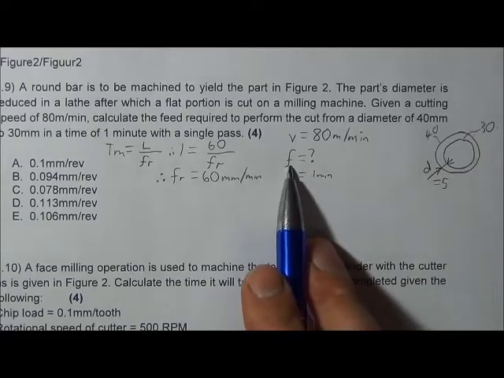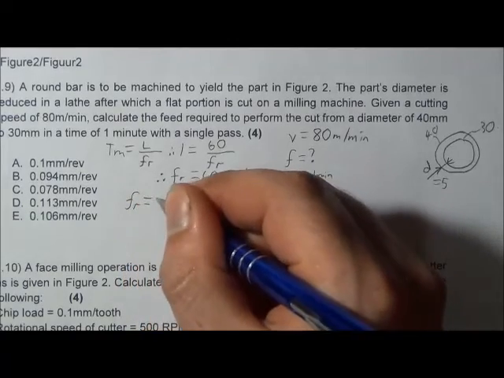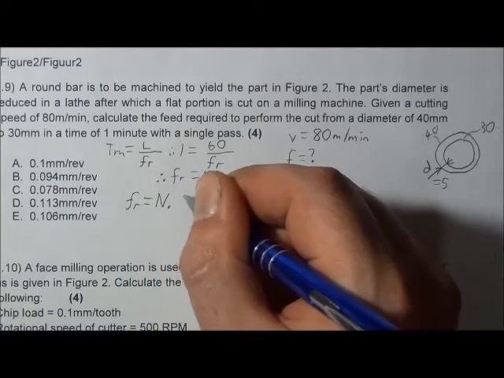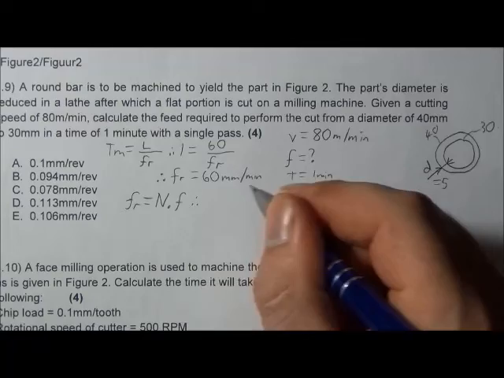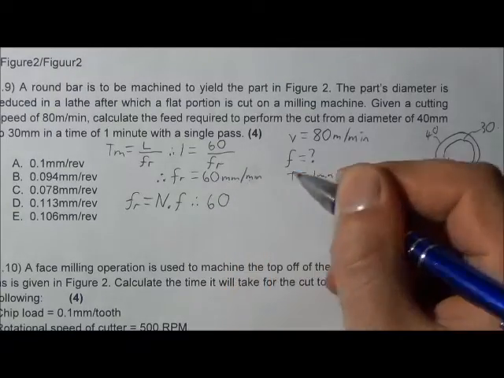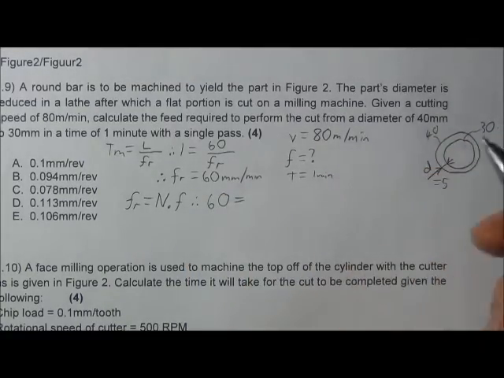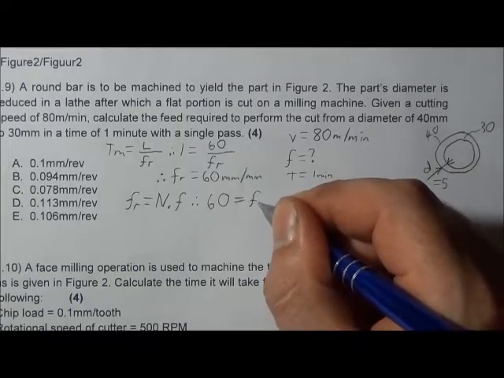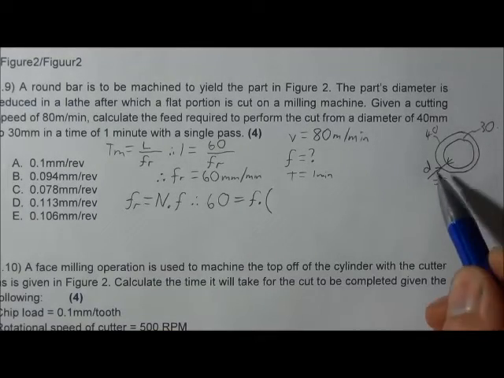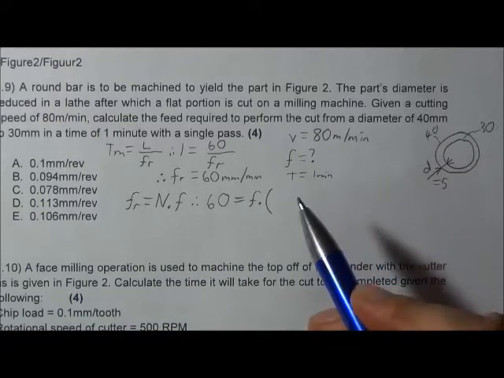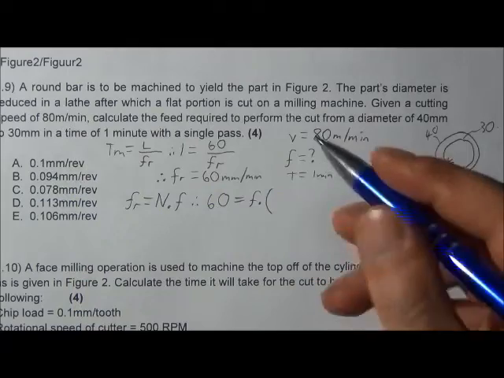We're looking for the small f. We have Fr, and there's an equation that says Fr is equal to rotational speed times my feed. So 60 millimeters per minute is equal to rotational speed n times f. Now the n we need to determine from the original diameter of 40 and the surface or cutting speed of 80 meters per minute.